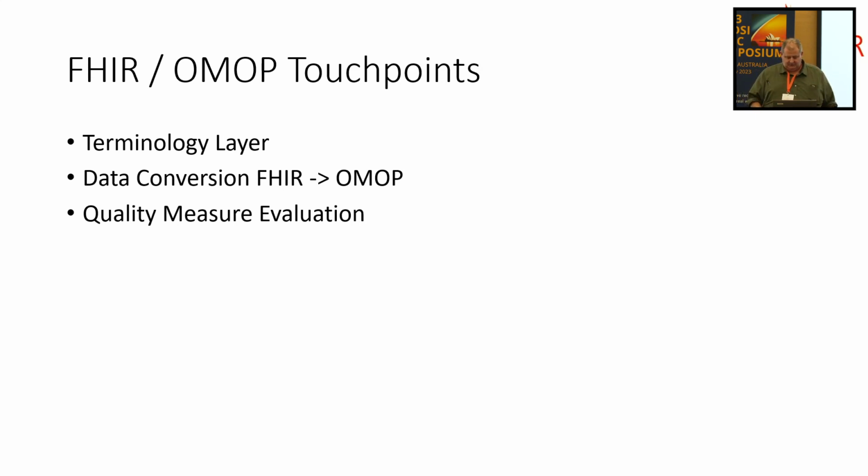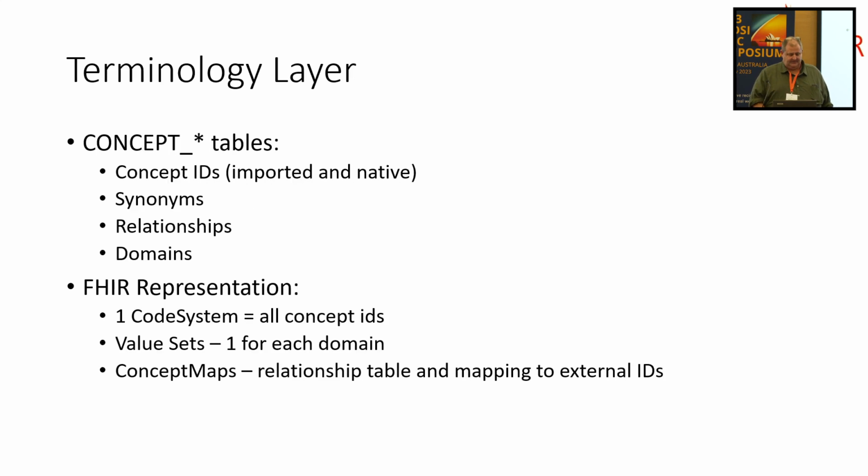So we'll just go quickly through each of those. In the terminology layer, OMOP has concept tables, and there's a bunch of tables that either directly hang off concept or are related to the concept tables.